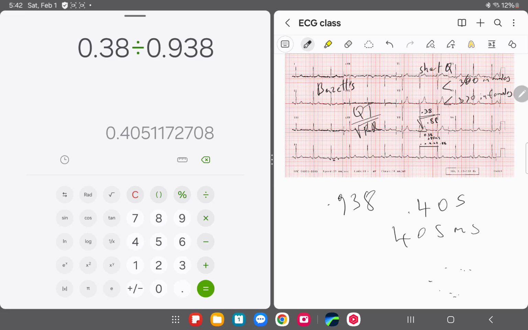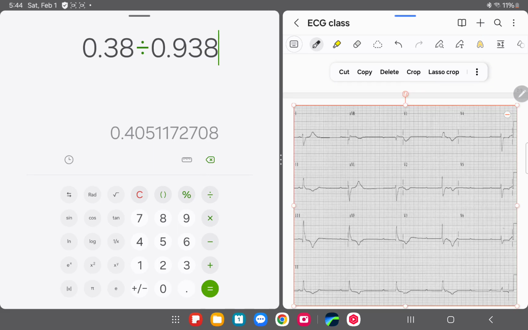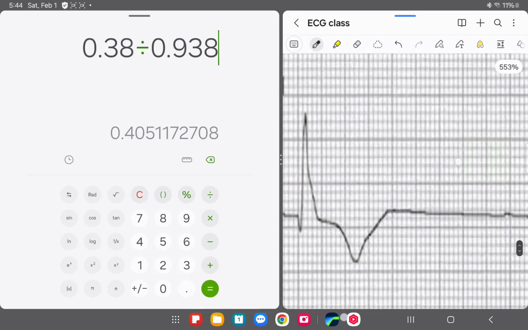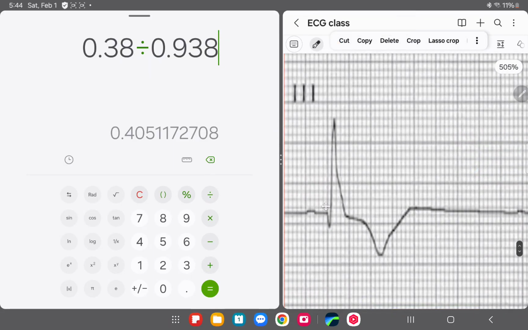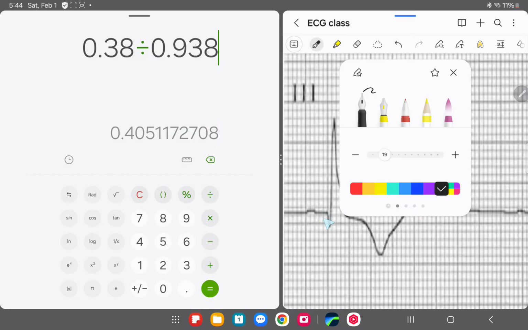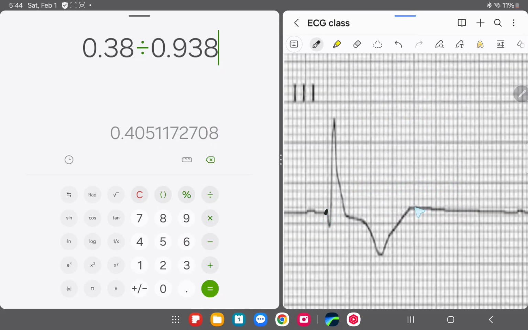So let's do at least one other example. Let's measure this QT interval. Let's use an easy lead, like lead 3, and let's zoom in. Our QT interval would be from here to here.